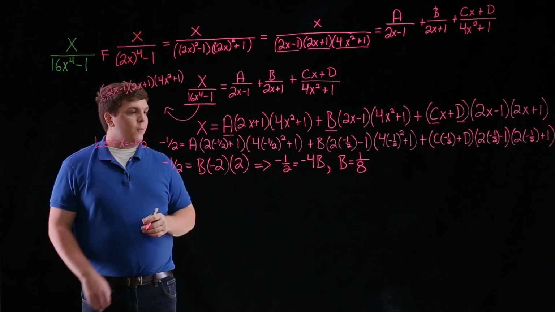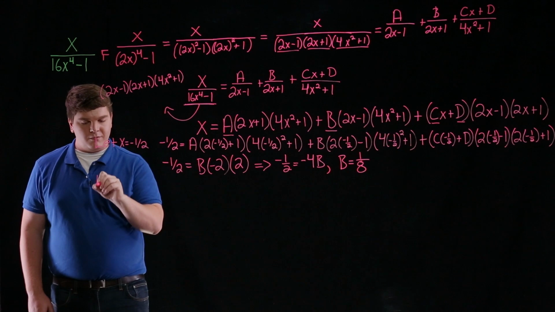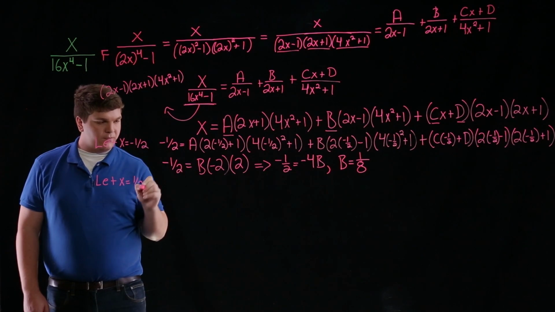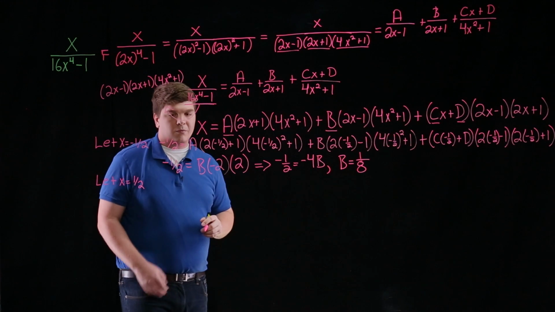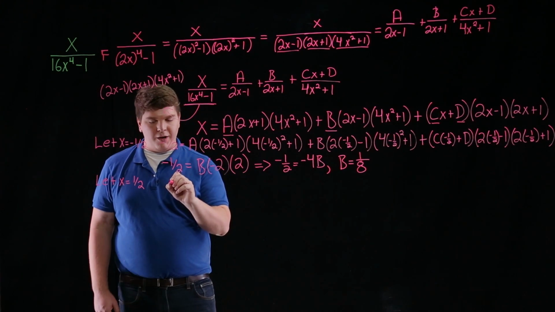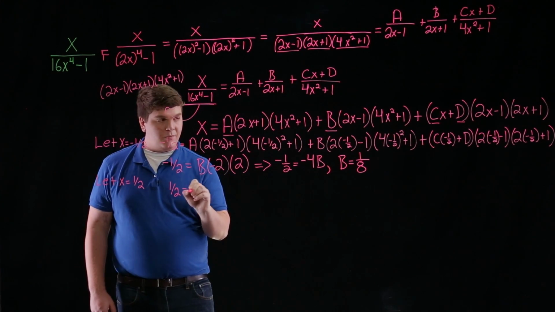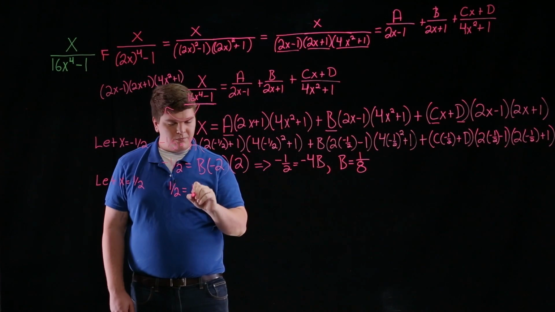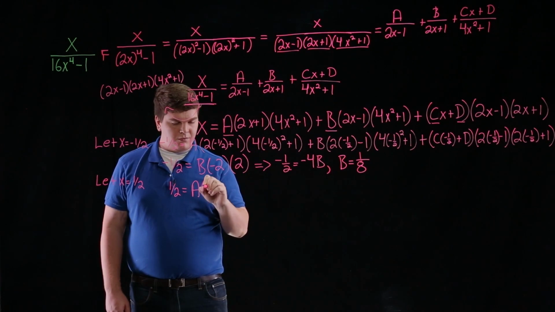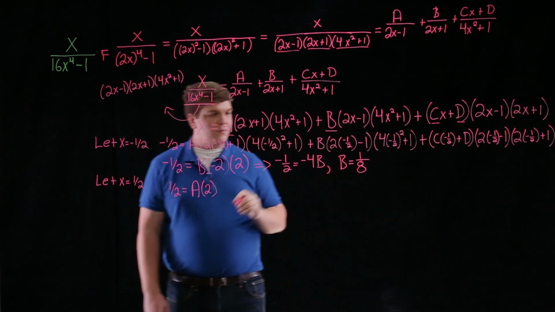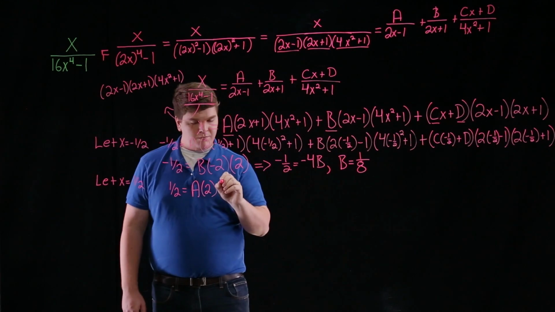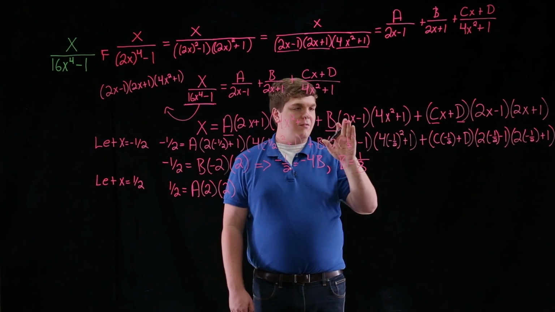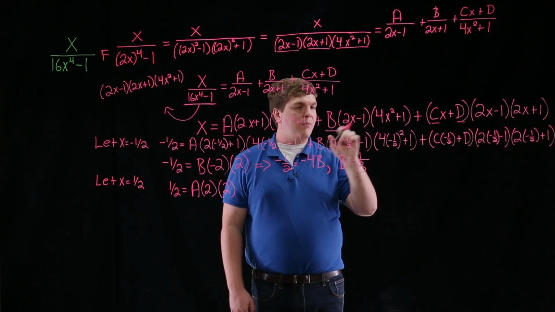Next, we can let x equal 1/2. And here, we'll have 1/2 is equal to a times 2, also times 2, plus b times 2 times 1/2, which is 1 minus 1.